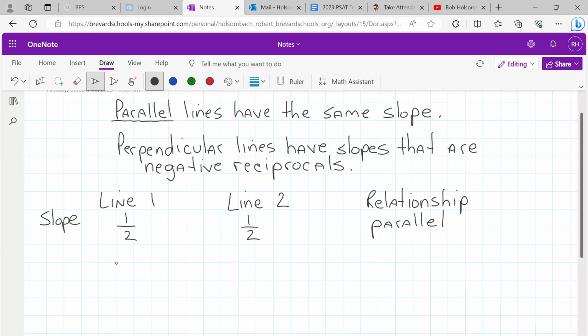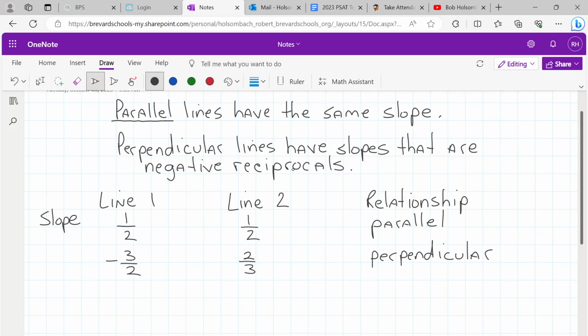Let's say that the slope of our first line is negative 3/2. The slope of our second line is positive 2/3. The relationship of the two lines, they're perpendicular, aren't they? Negative reciprocal. All right?